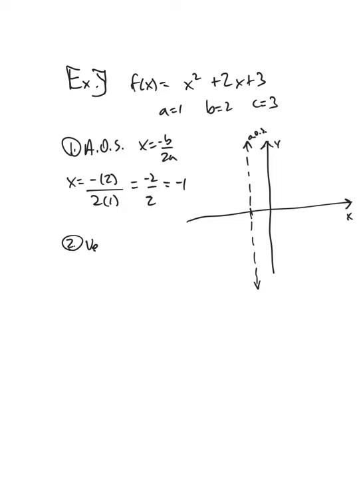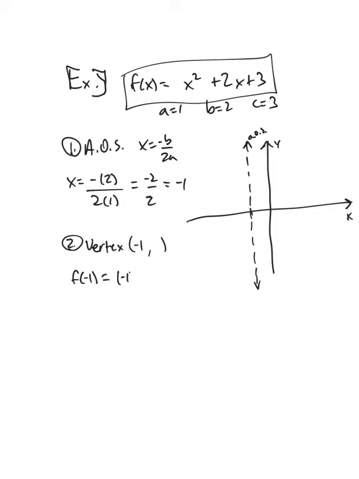Second step, finding that vertex. So we take that x value of the vertex and we're substituting it in for x in the original function. Going back to that original function. So x squared, so negative 1 squared, plus 2 times x, plus 3.